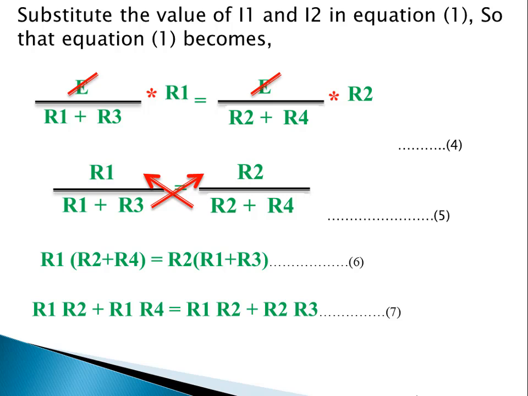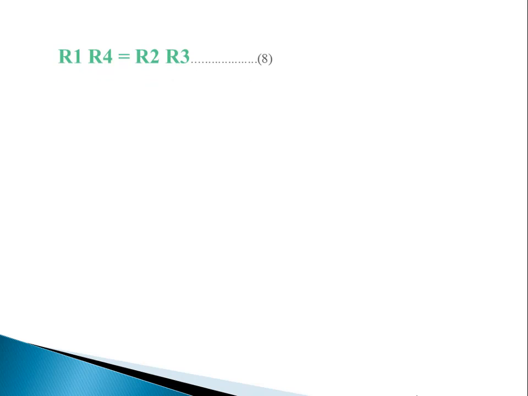Now just observe equation number 7. In that, the common term is R1 into R2, so cancel out R1 R2 in equation number 7. So we can rewrite the equation as R1 into R4 is equal to R2 into R3.